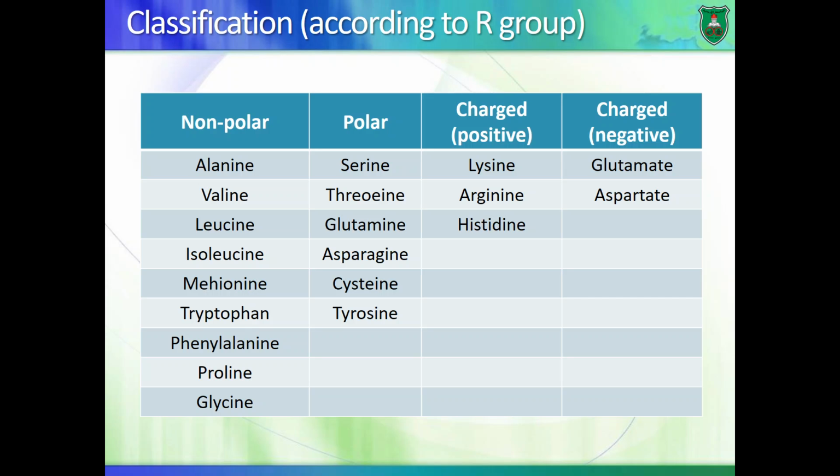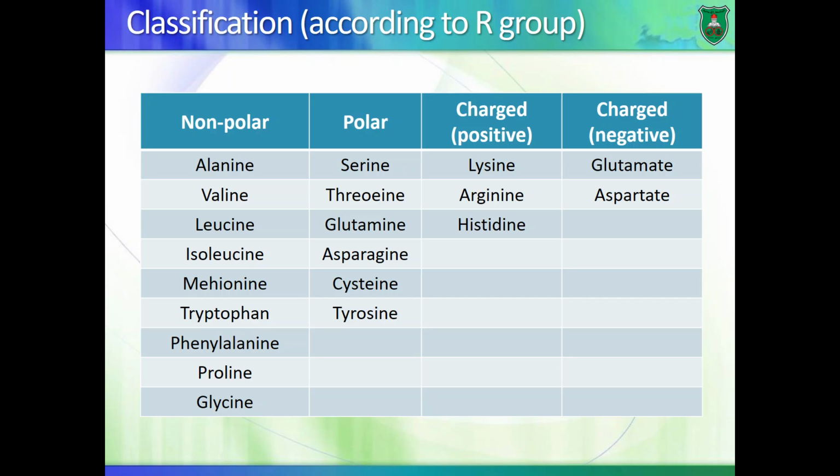You have amino acids that have polar R groups, and these include serine, threonine, glutamine, asparagine, cysteine, and tyrosine. We have positively charged amino acids: lysine, arginine, and histidine. And we have negatively charged amino acids, glutamate and aspartate.